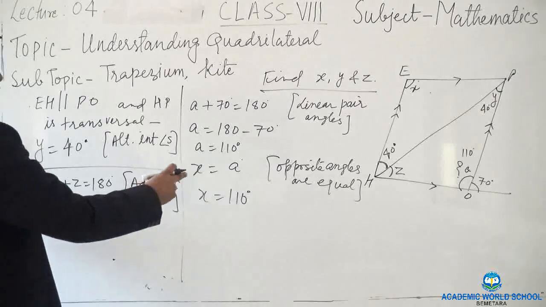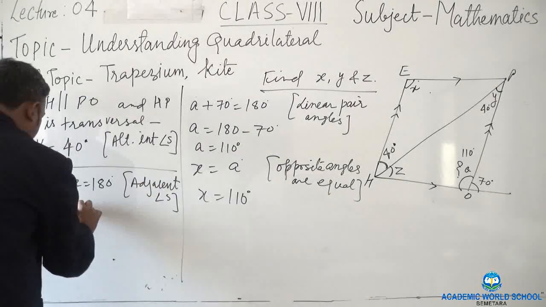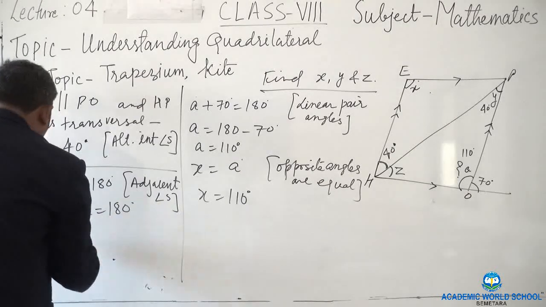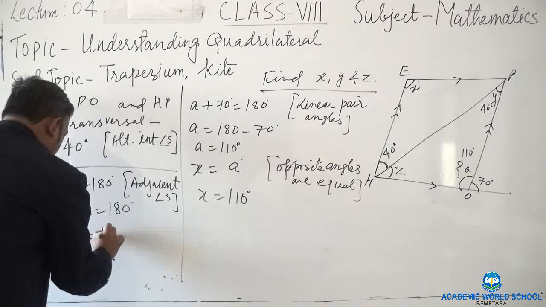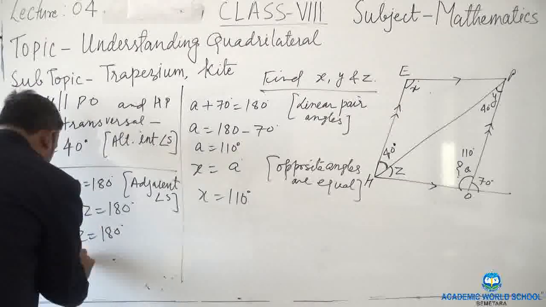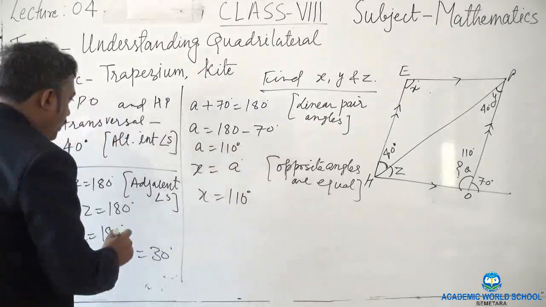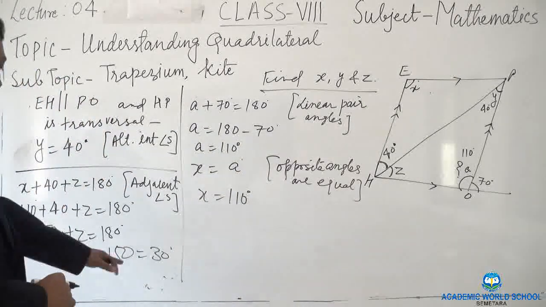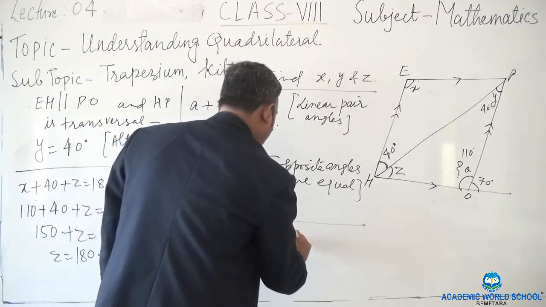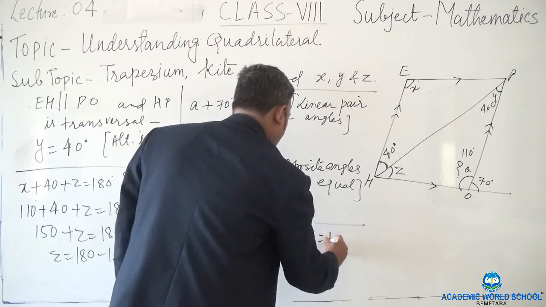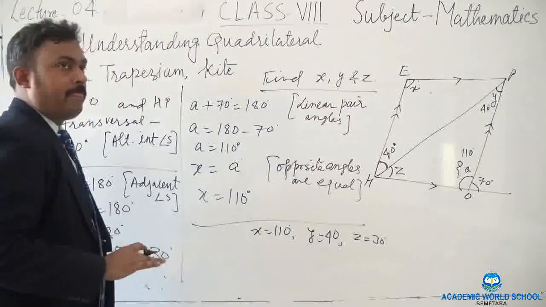X we have got 110, plus 40 plus Z equal to 180. This will be 150 plus Z equal to 180. Z equal to 180 minus 150 equal to 30. So angle Z is 30 degree. So we got X equal to 110, Y equal to 40, and Z equal to 30. Right?